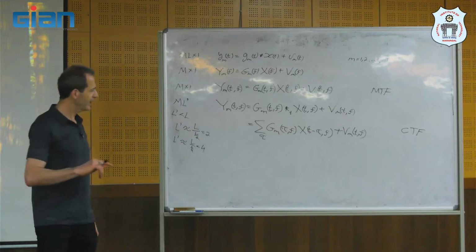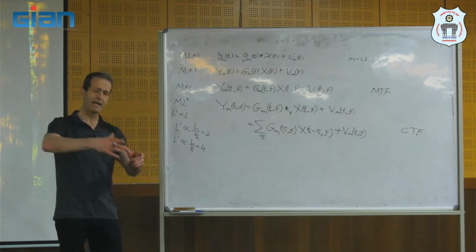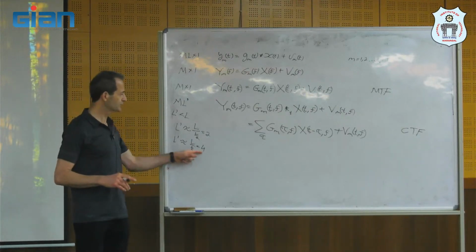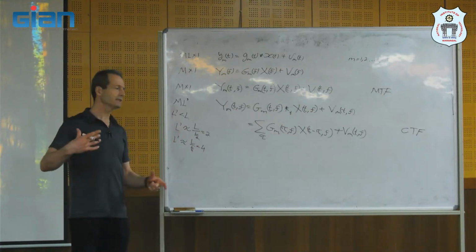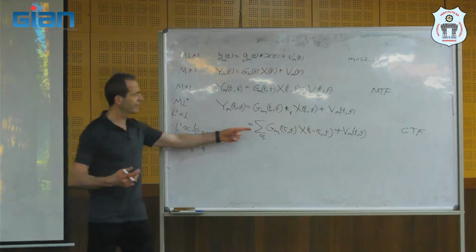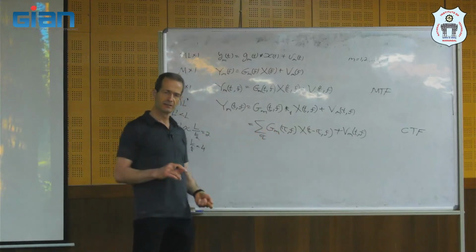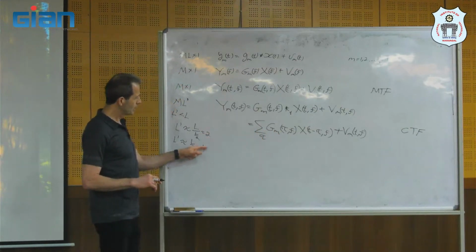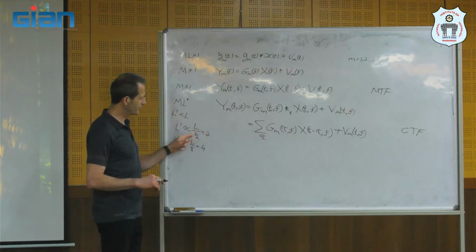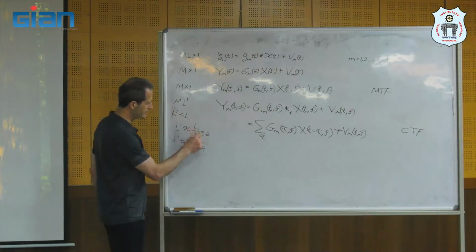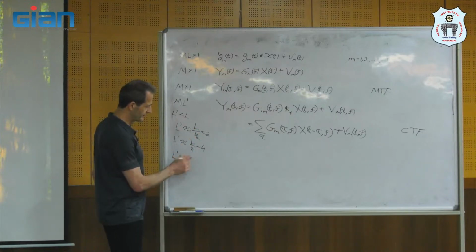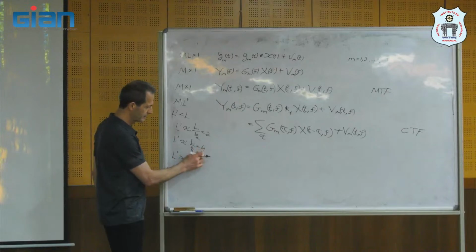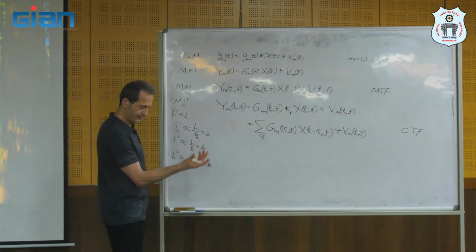Another thing, we need to take back windows, so it's not sufficient to take L prime. Because it will be non-causal, we have to take more because of the overlap. So usually we take 1.5 times of this one, depending on the overlap.